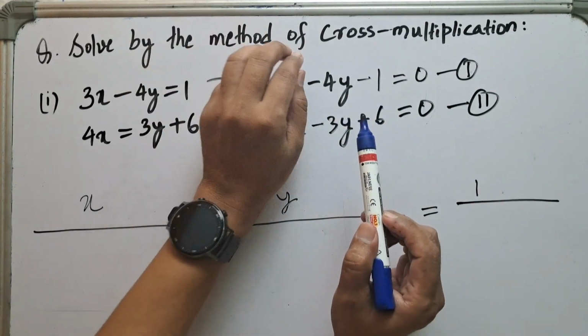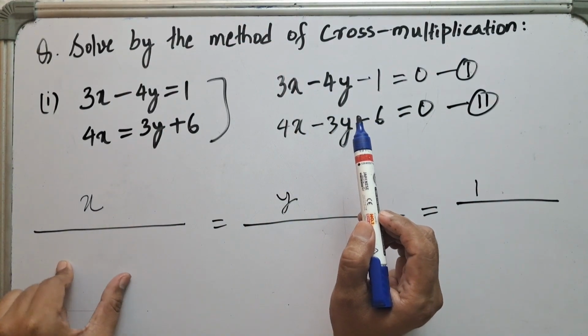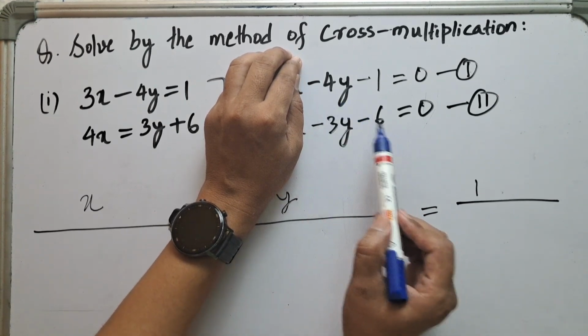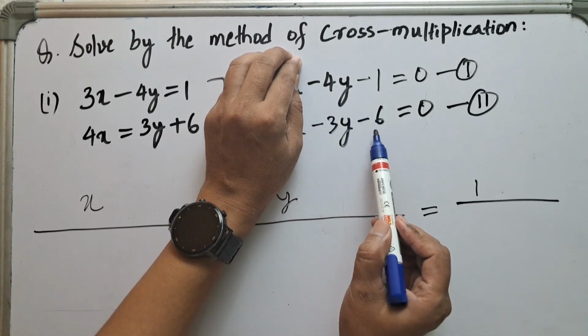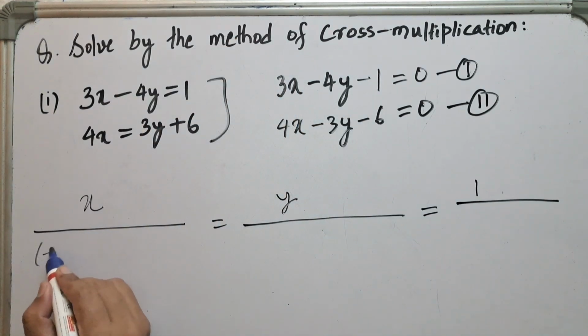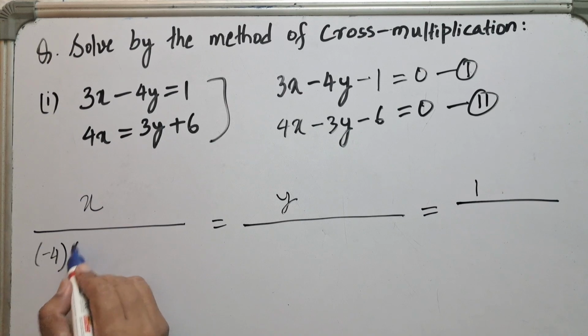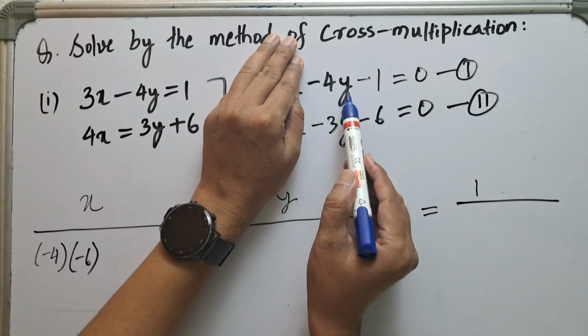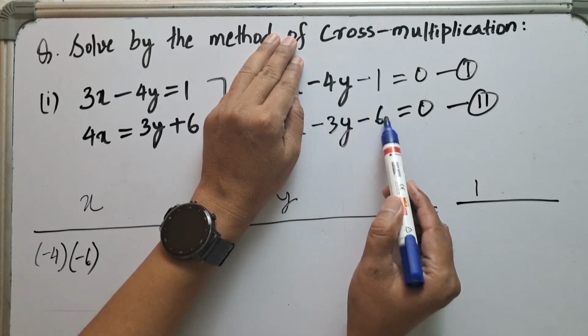We cover x, and to write the numbers below x we multiply diagonally. So we have minus 4 times minus 6, the coefficient of y and the constant number.